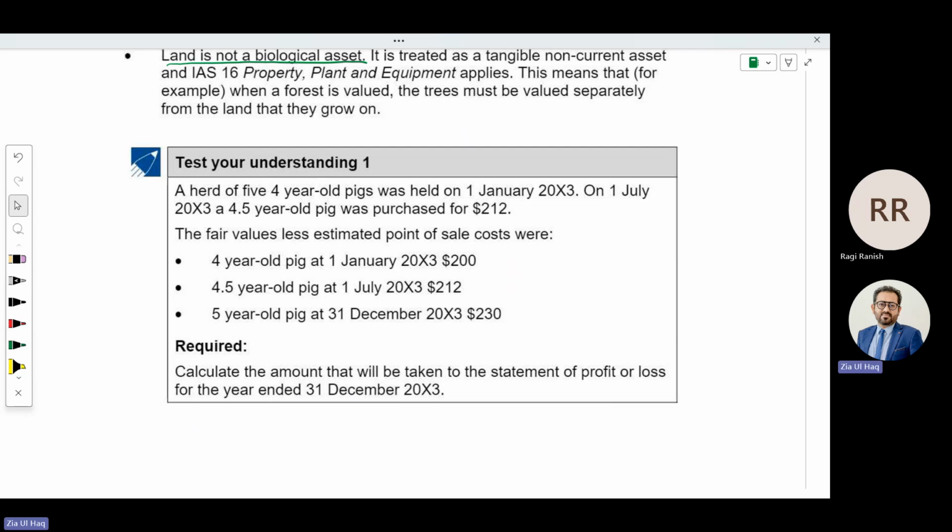Any change in fair value less point of sale cost should be charged to profit and loss account.